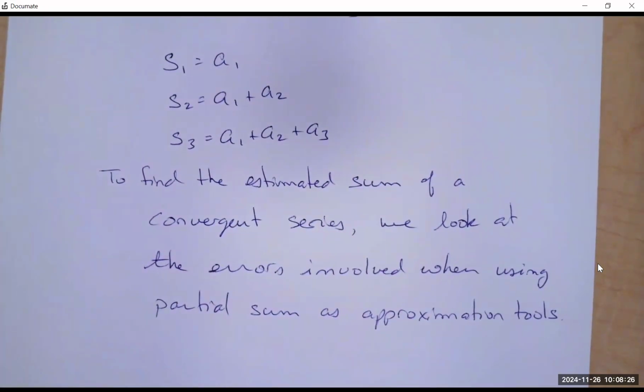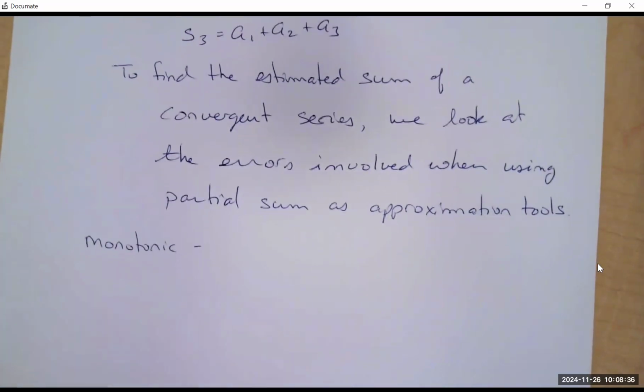We also want to recap: what is a monotonic sequence? When we say monotonic, what does that mean? We talked about it last class. If you weren't here last time, here are some worksheets.